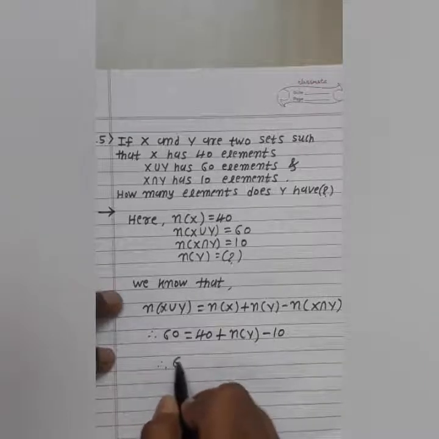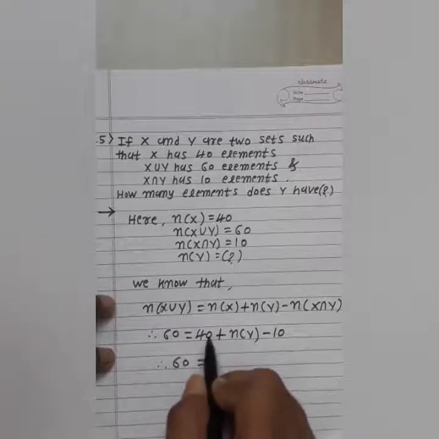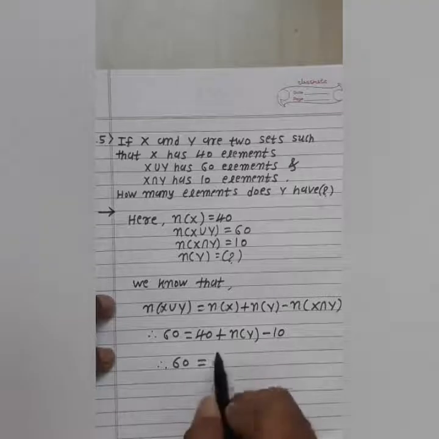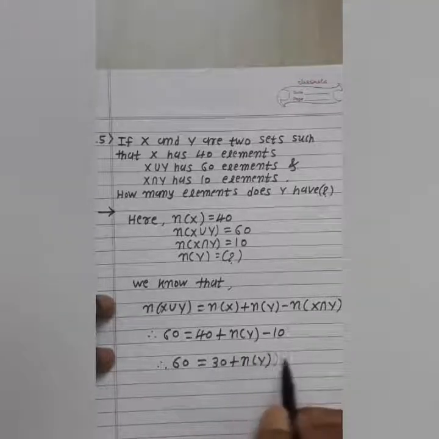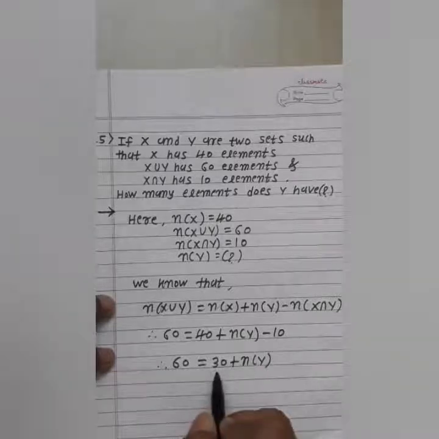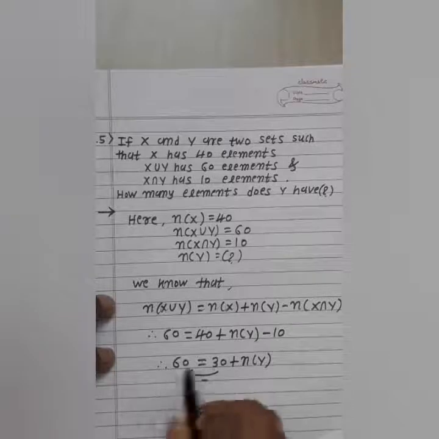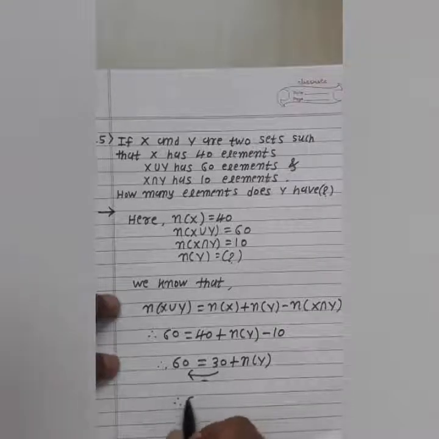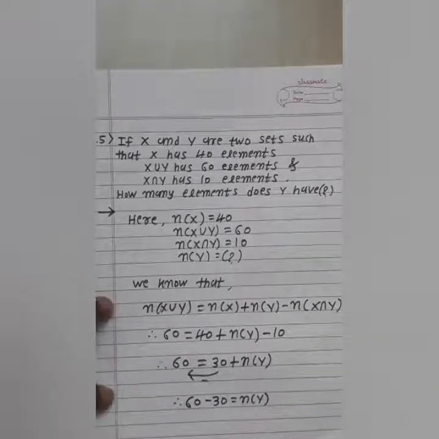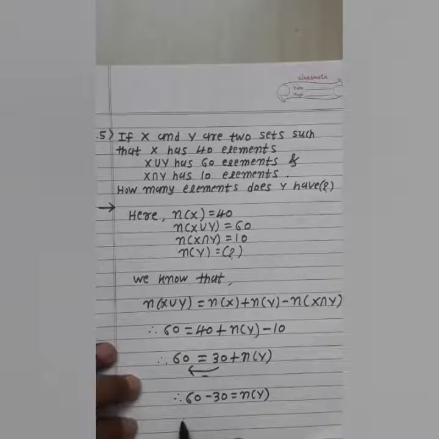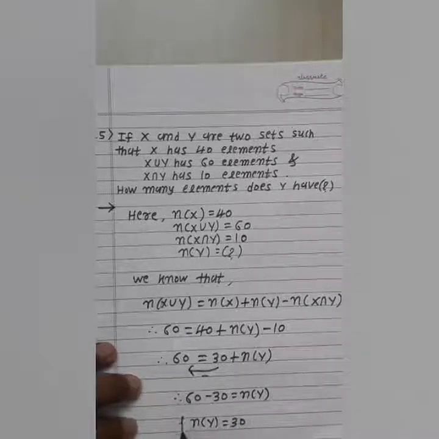So 60 is equal to 40 minus 10, that means 30, plus n of y. Now 30 is moved to the opposite side, so change the sign. Therefore 60 minus 30 is equal to n of y. So we get n of y is equal to 30.